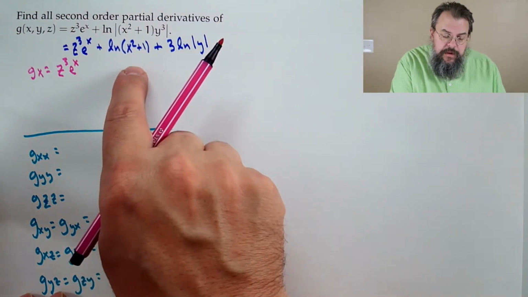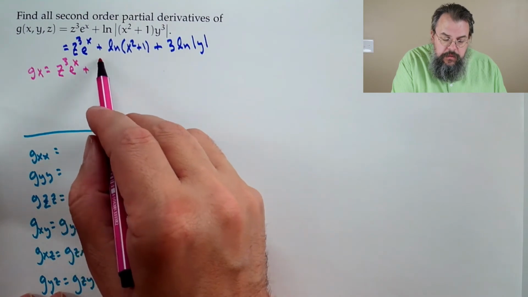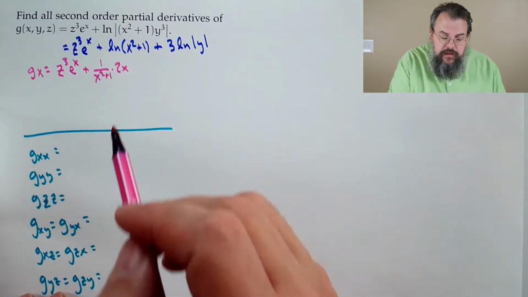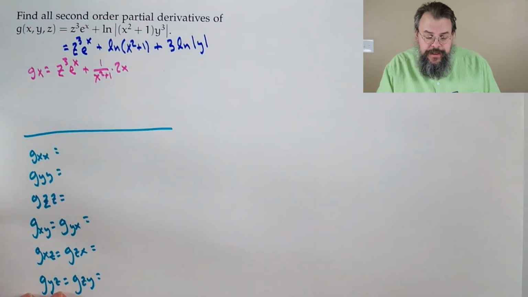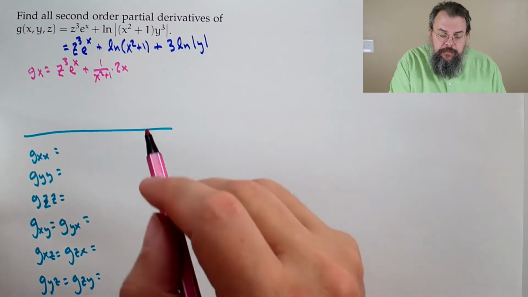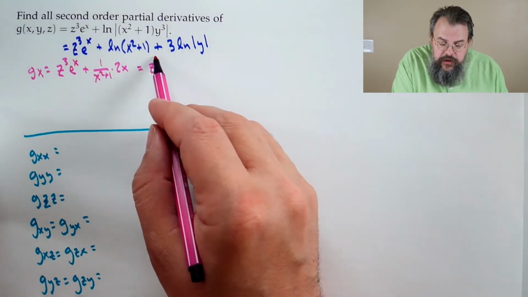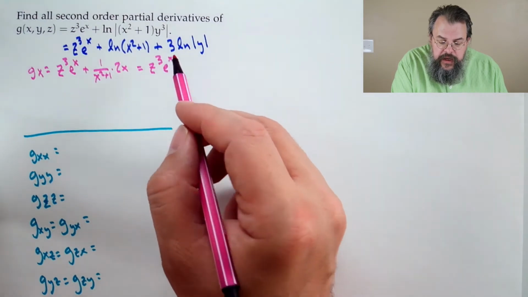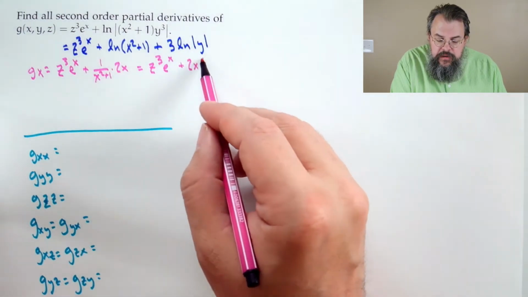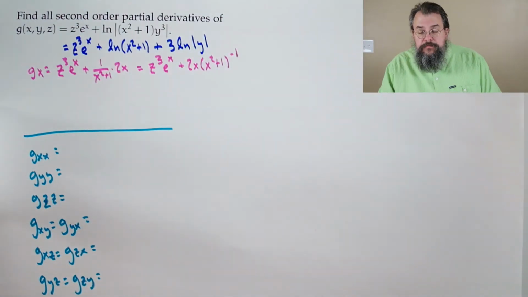Log of x squared plus 1, well, that would be 1 over x squared plus 1 times 2x. And then the 3 log y, since there's no x, it goes away. Now to help us in our next round, let's just note that 2x over x squared plus 1 is the same as 2x times x squared plus 1 to the minus 1.